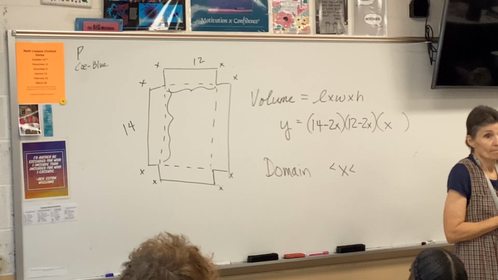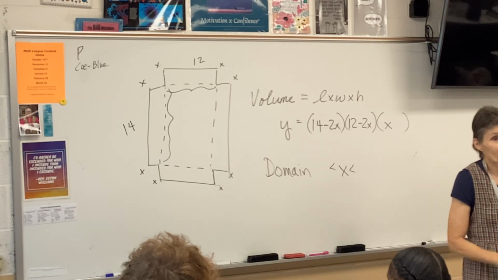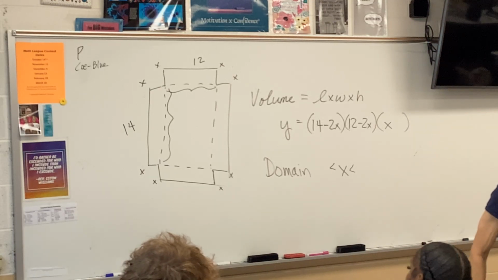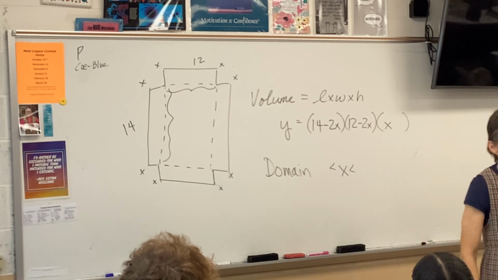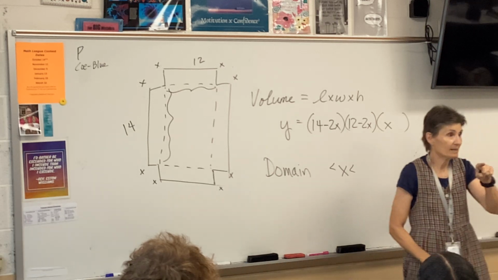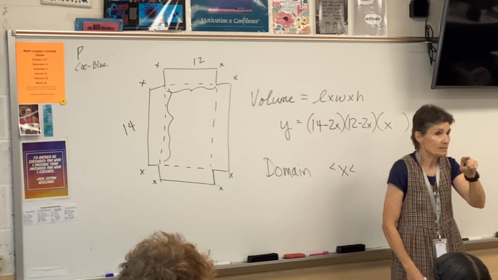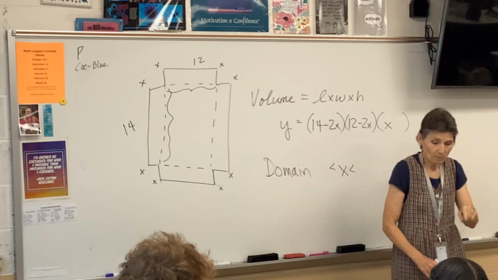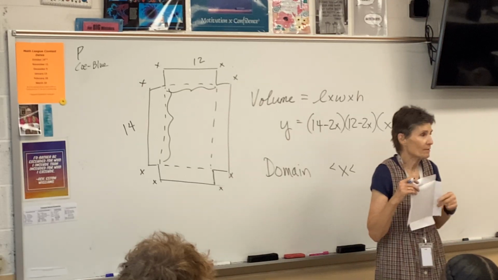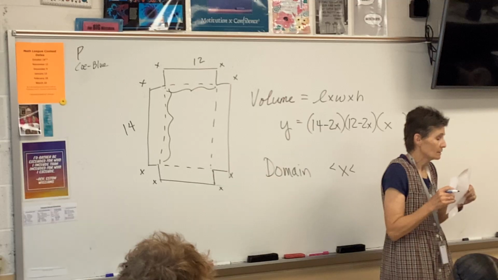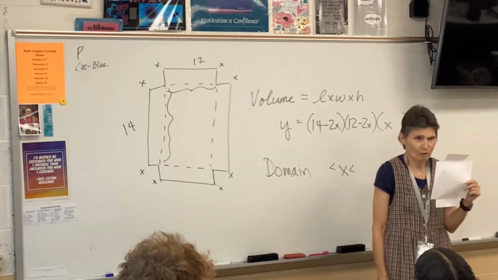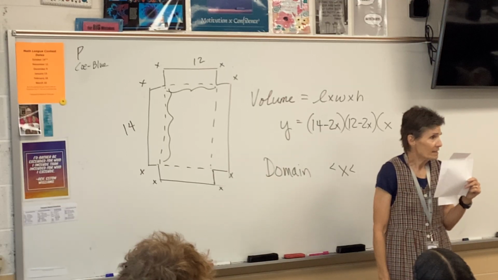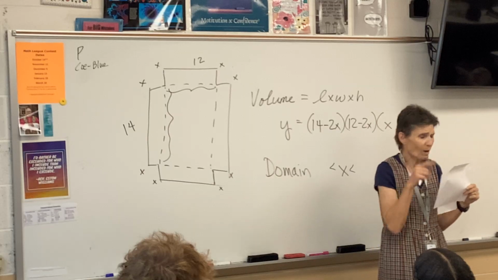I don't think it can be. What do you mean? Because doesn't it have to be 14 or 12? I think what he's saying is, if my paper's only 14 by 12, x can't be 100, right? So what can x be?